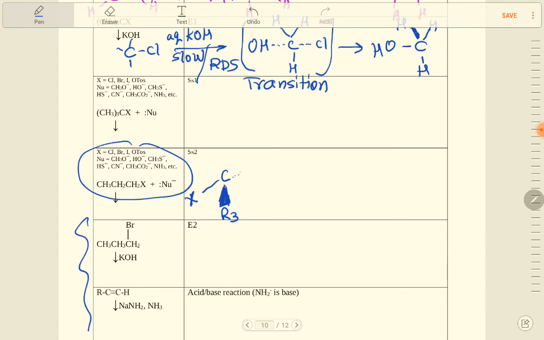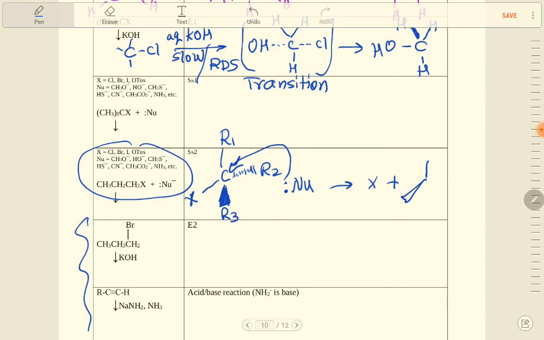This is inside R2, R1, and nucleophile. When the nucleophile attacks this carbon, it's just one step, Sn2 one step.